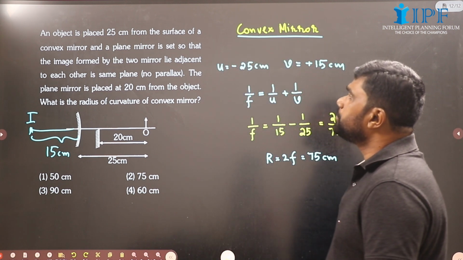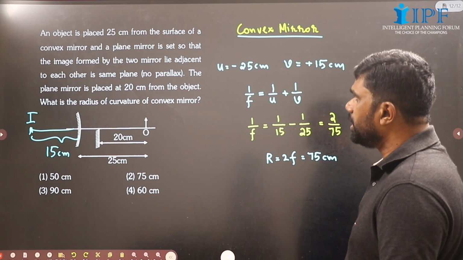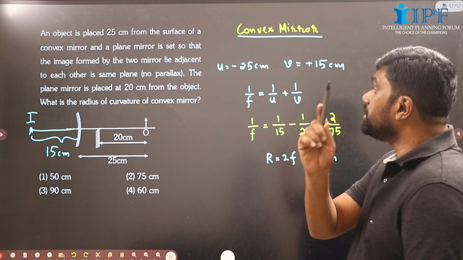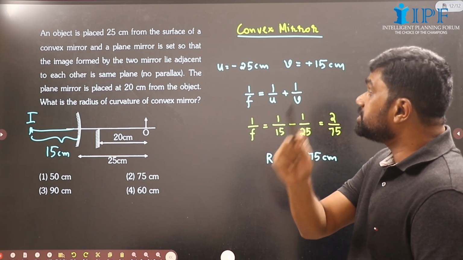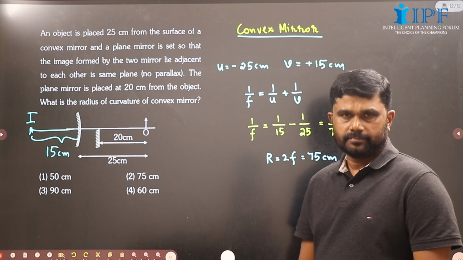Now an object is placed 25 centimeter from the surface of a convex mirror, and a plane mirror is set so that the images formed by the two mirrors lie adjacent to each other in the same plane without parallax.